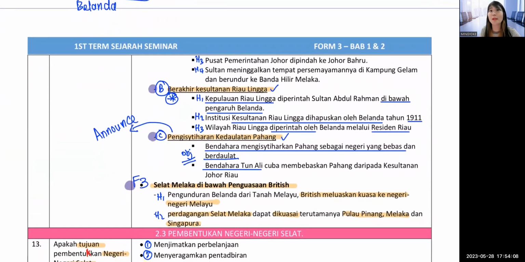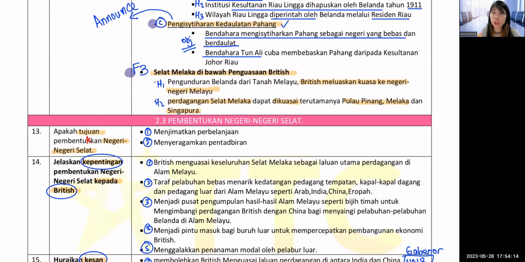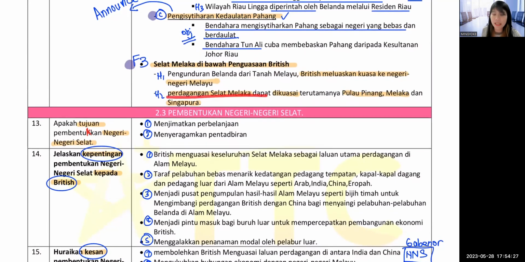Okay, what do you mean? What I mean by that is, Selat Melaka were totally ruled by British, and British is able to expand their land to the whole Negeri Melayu because Belanda leave Tanah Melayu already. And therefore, the business in Selat Melaka are wholly owned by British, especially because British own Penang, Malacca, and Singapore.